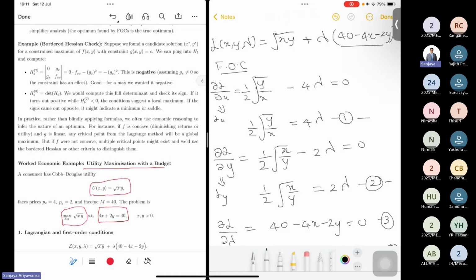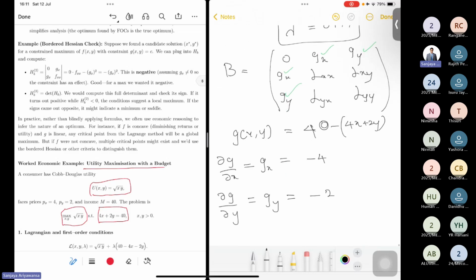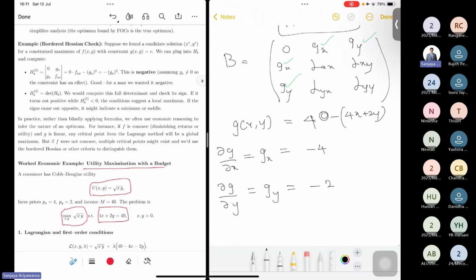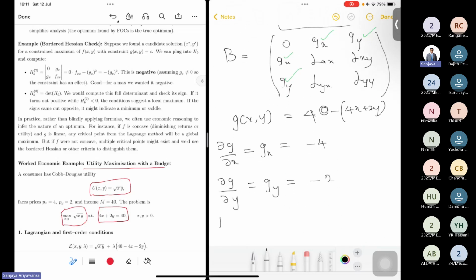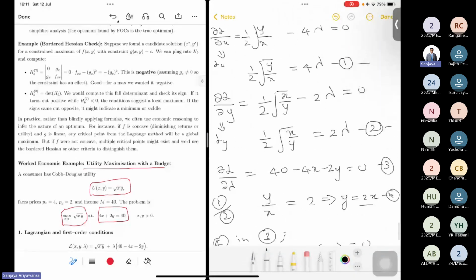What I simply need to do now is compute the second order derivative of my Lagrangian with respect to x, and the second order derivative of my Lagrangian with respect to y, and compute the partial derivative of the Lagrangian with respect to x and y. That's what I have as these components in my bordered Hessian. So how do I go about doing that? So what was L of x? What was L of x?